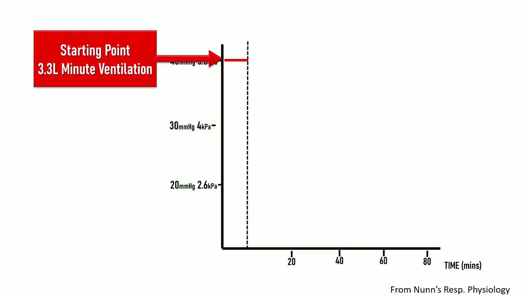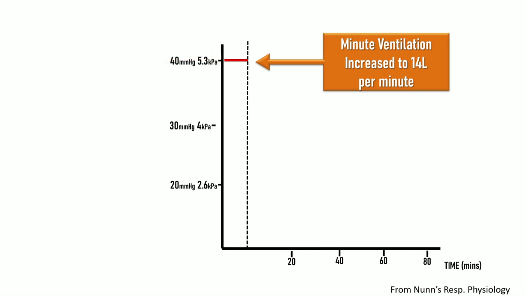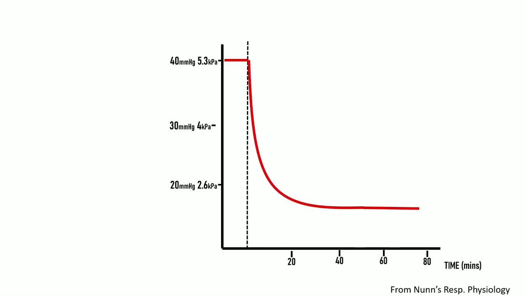Now we're going to change the ventilator and increase the minute ventilation to 14 liters per minute. Look at what happens with the PaCO2. It drops dramatically and extremely quickly. It falls down to below 20 millimeters of mercury or 2.5 kilopascals. Hyperventilation rapidly reduces PaCO2 in a situation where production of CO2 is at steady state.